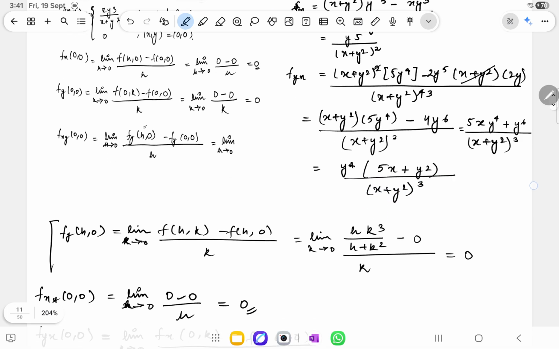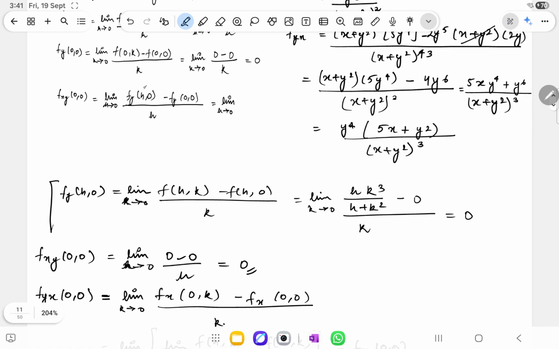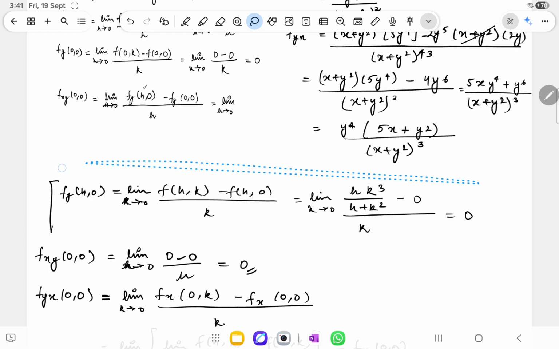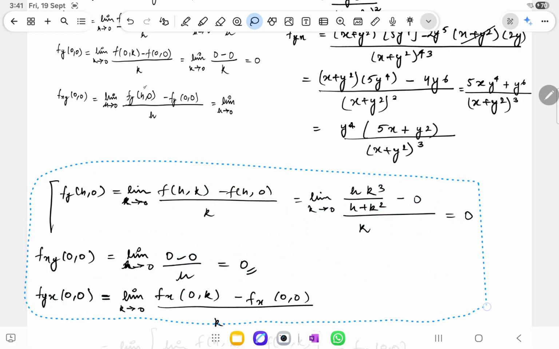Now, let me just reduce its size and then we can discuss.